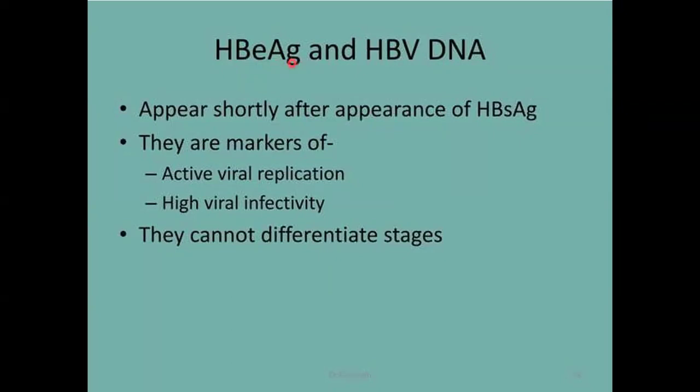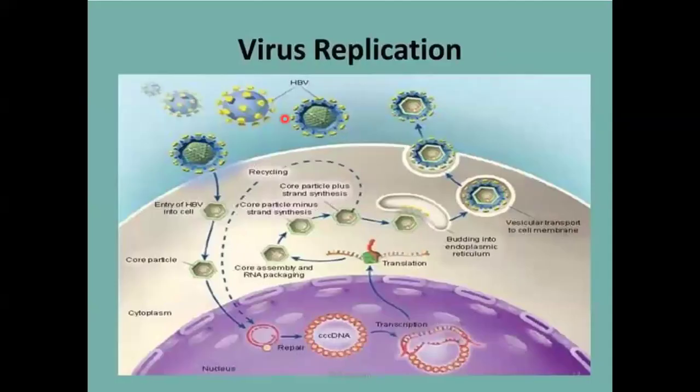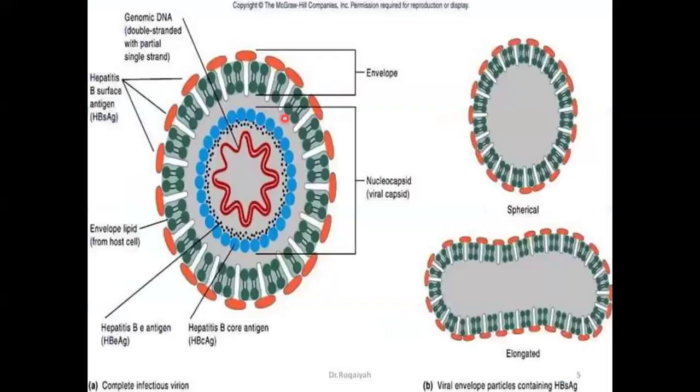And why so? You see this hepatitis B E antigen? These black dots we saw here, here's that picture, they are secreted by these infected cells. Once the cell gets infected, these are the ones that will be secreted.